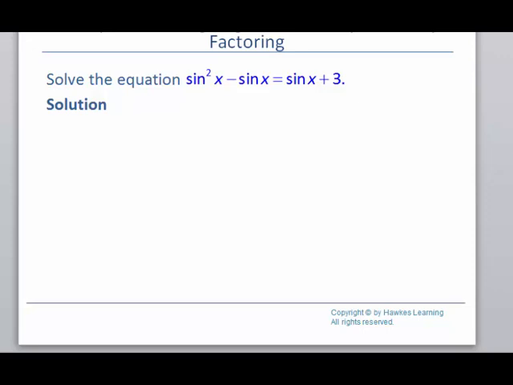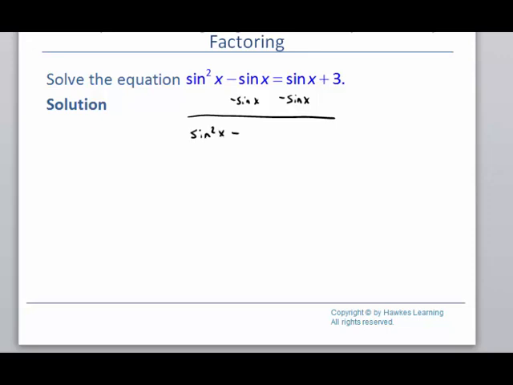So I'm going to try to get everything on the left. In doing that, I'm going to subtract this sine x from both sides. So that's going to give me sine squared x.